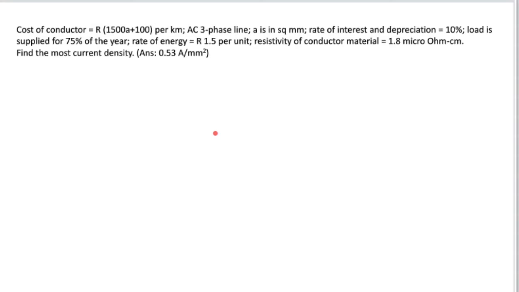Kilowatt hour. Kilowatt hour is 3I squared R, the cost of energy wasted. That's the equation for cost of energy wasted: 3I squared times 1.8 times 10 to the power minus 6 over A times 10 to the power 6, times 8760 times 0.75 times 10 to the power minus 3 times 1.5.